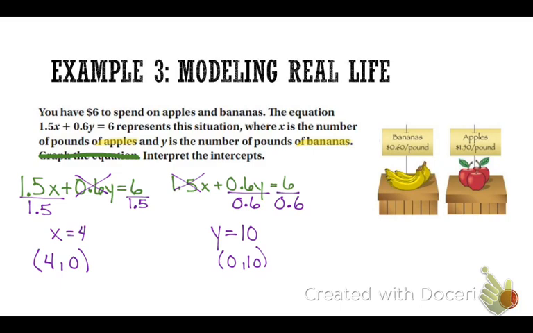Gabe? Okay, I can buy 4 pounds of apples if I buy how many bananas? 0. I can buy 4 pounds of apples if I buy 0 bananas. Right? That's my x-intercept interpretation.